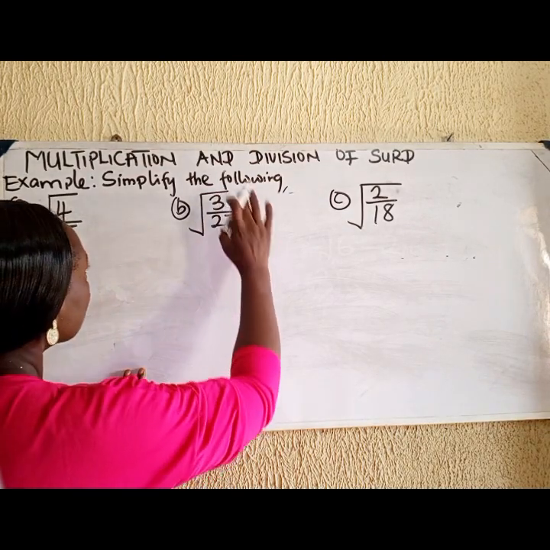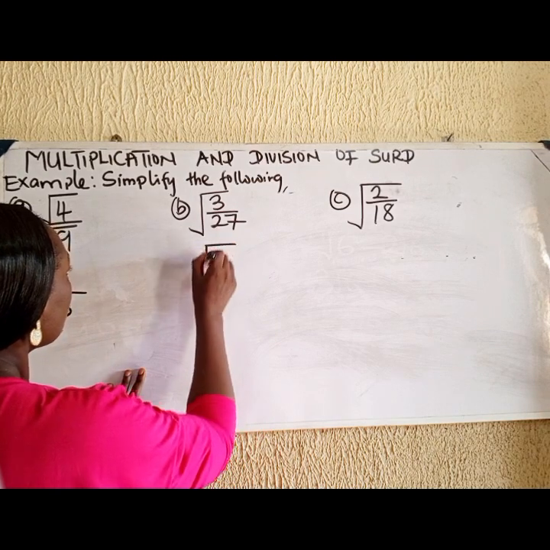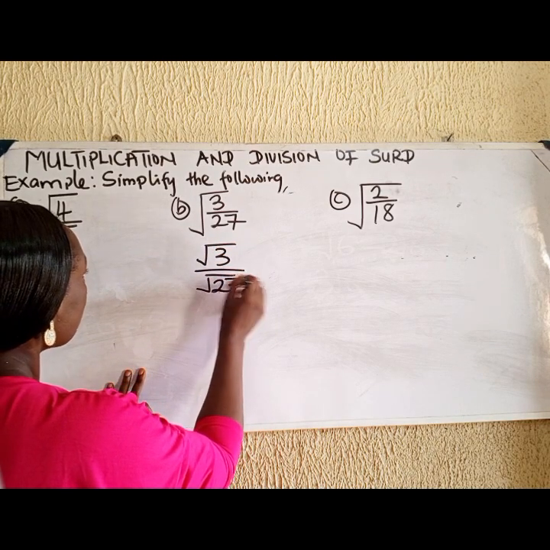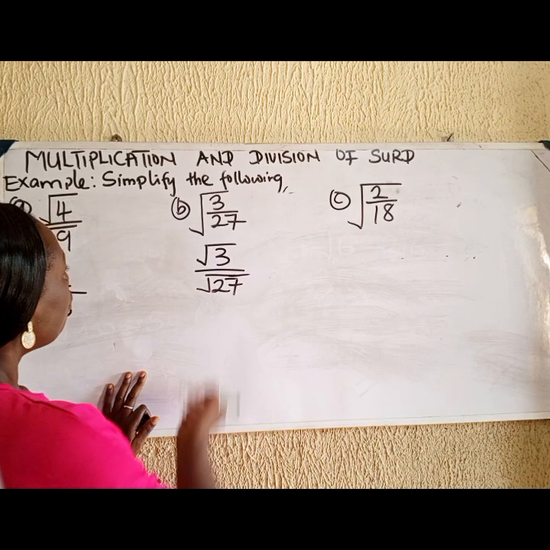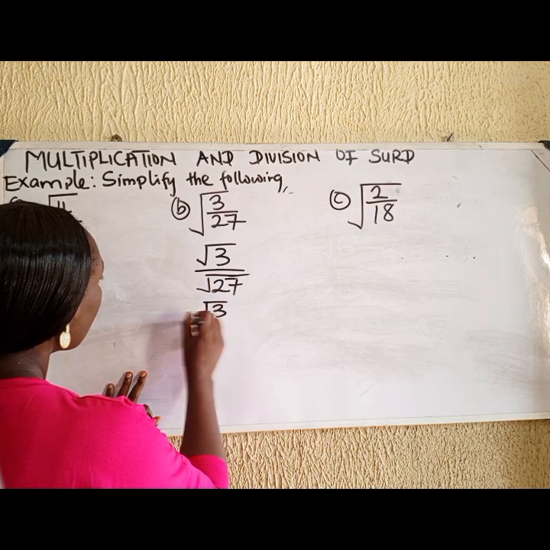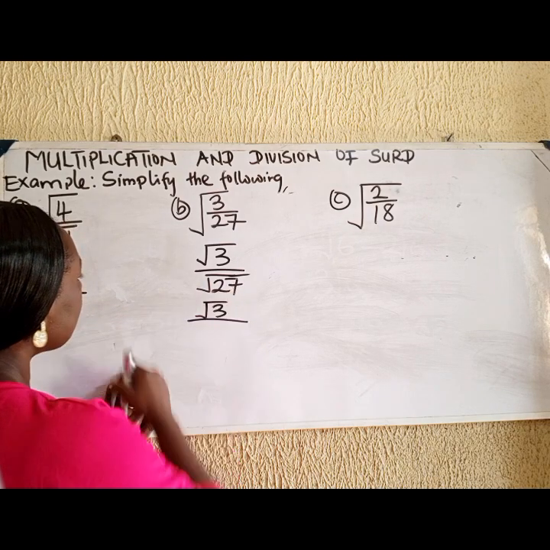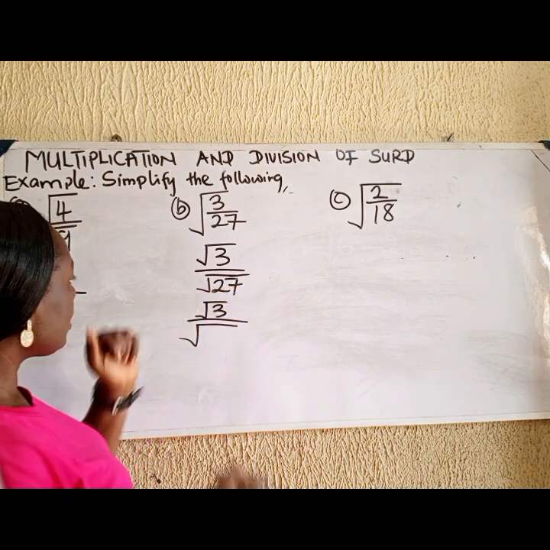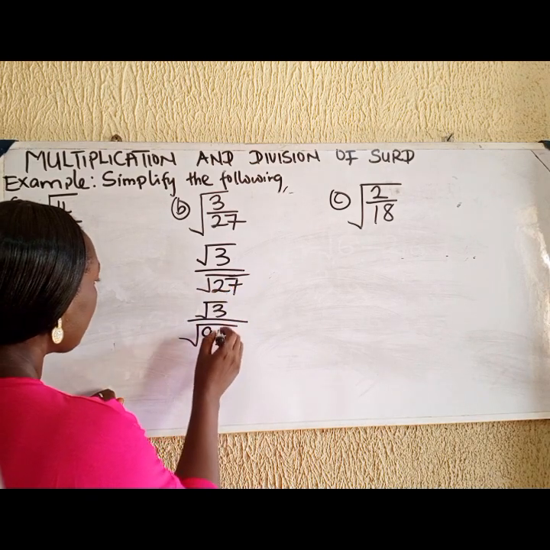Coming to the second one, I have root 3 divided by root 27. First of all, I can separate this to be root 3 over root 27. Now I will simplify this. The two factors that will give me 27 are 9 times 3.